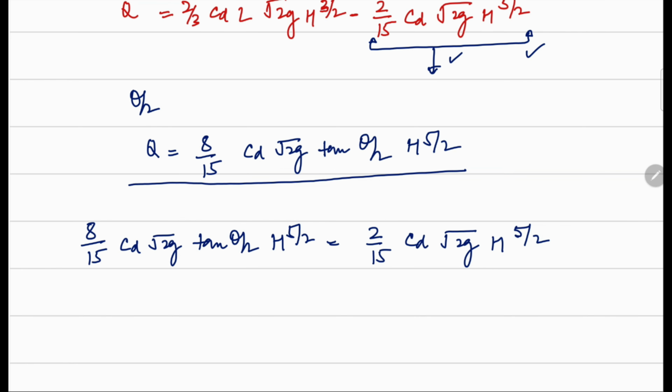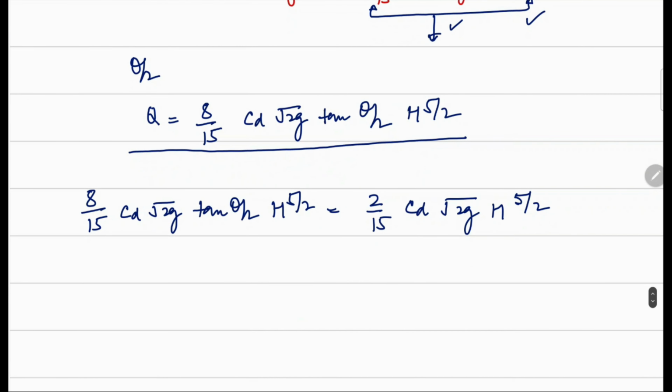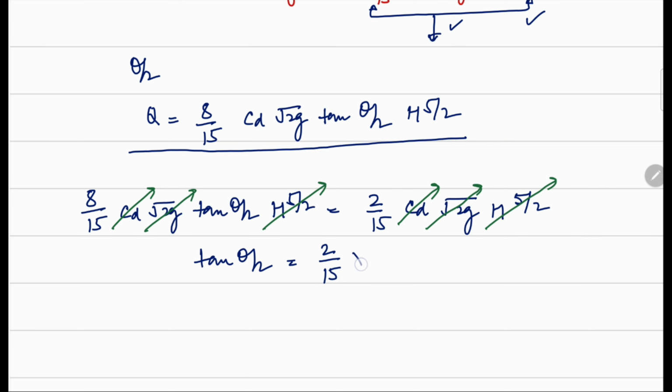So if we equate this, what we will find is that CD will cancel out, H raised to the power 5 by 2 will cancel out, and what is left is that tan theta by 2 will be equal to 2 by 15 multiplied by 15 by 8, that is equal to 1 by 4.